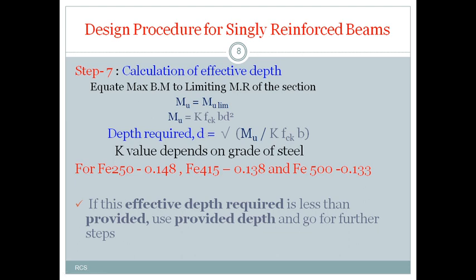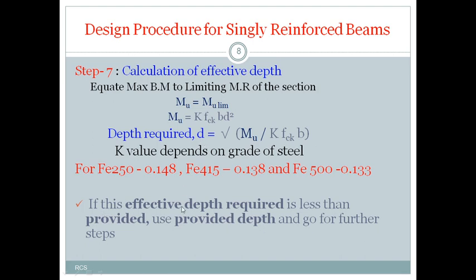Now I will compare. Already I have assumed one effective depth in an earlier step. That value of depth will be compared with the required depth of the beam. If the required depth is less than the assumed effective depth, then we can go for the further steps. If not, whatever minimum depth we have calculated, that value we choose for the further design of the member, right?